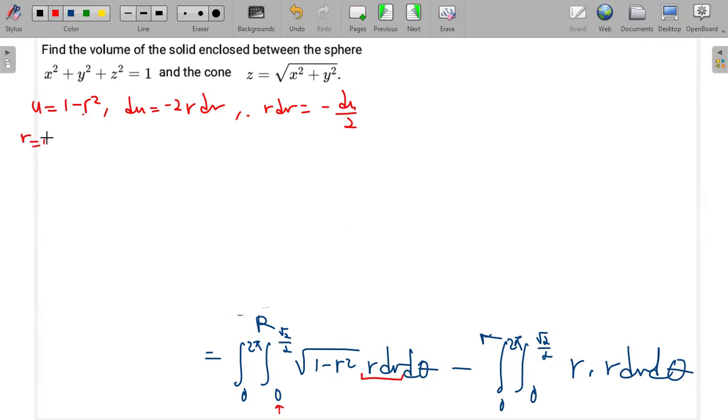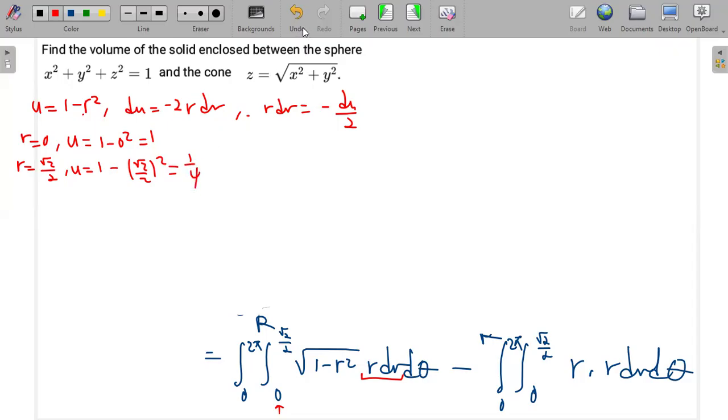If my r is 0, then my u is equal to 1 minus 0 squared, which is just 1. And if my r is root 2 over 2, then my u will be 1 minus root 2 over 2 squared. This will just be 2 over 4, so that will be half.